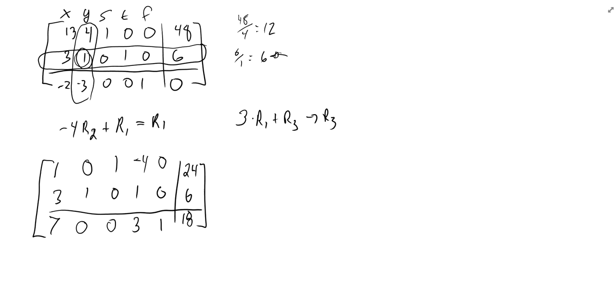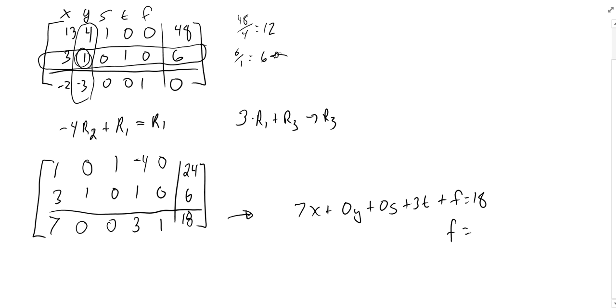If you want to, let's take a little bit of time to read off this solution here. This bottom equation, if I convert that back to an equation, says that 7x plus 0y plus 0s plus 3t plus f equals 18. And if I solve for f, I get 18 minus 7x minus 3t, subtracting the 7x and the 3t. 0y and 0s disappear, of course.